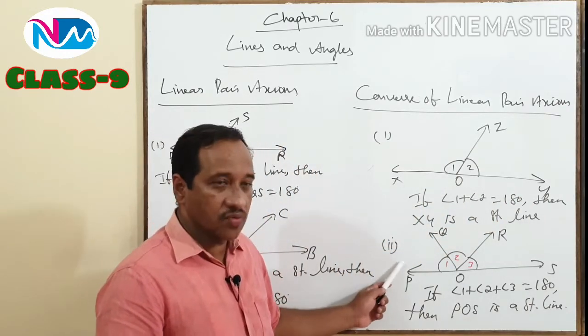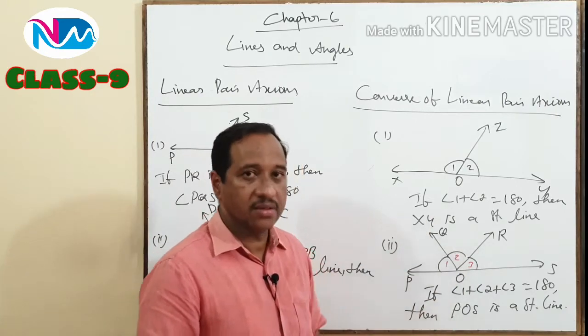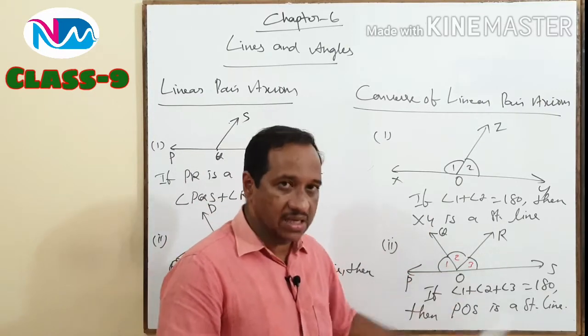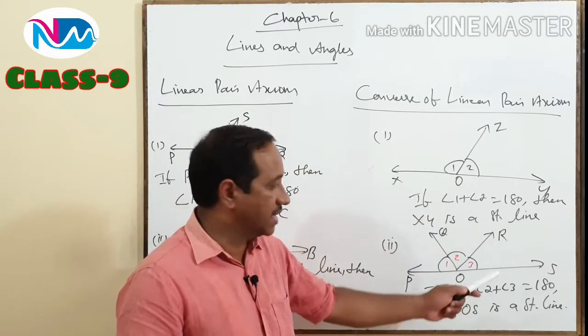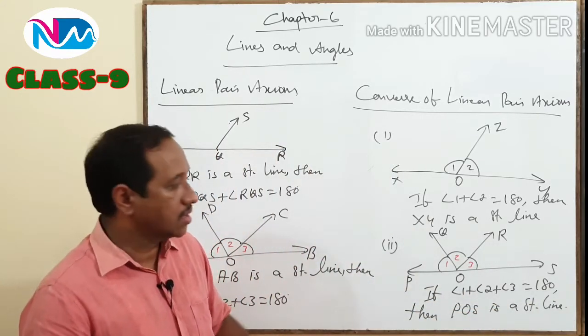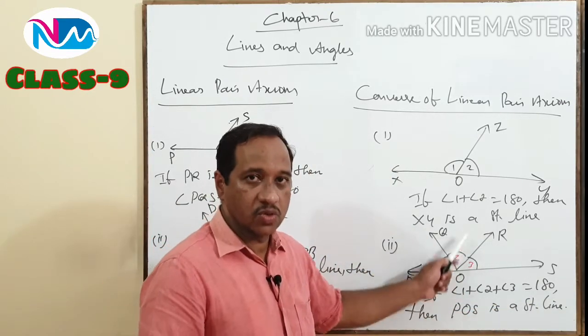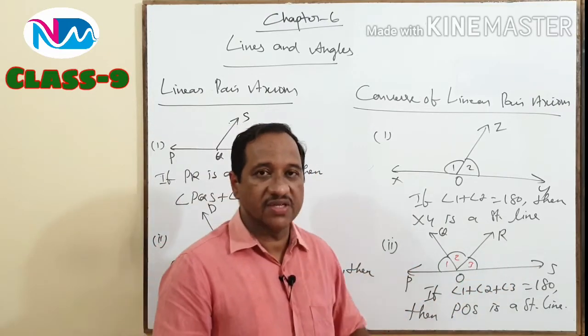In the second figure, we have three angles, angle 1, angle 2 and angle 3. If angle 1 plus angle 2 plus angle 3 is equal to 180, then POS is a straight line.